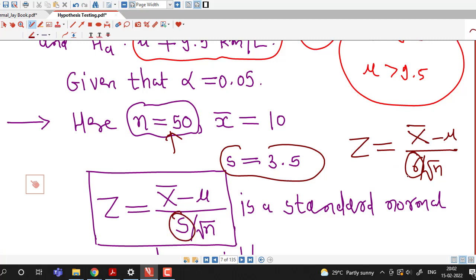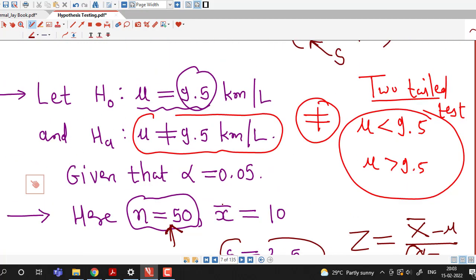But suppose we have a small sample size and we are not given the population standard deviation, then we cannot use this standard normal distribution. In that case, this test statistic has a distribution which is not normal. It will be a t distribution that we will discuss in upcoming lectures.